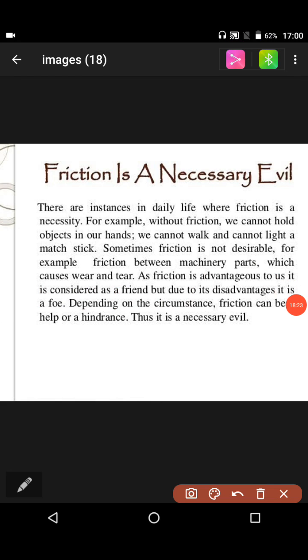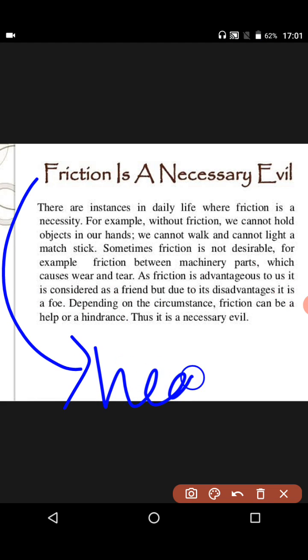Friction in machinery produces heat, which is a waste and not required. That is not a good thing. While striking a matchstick, you get fire and heat also.